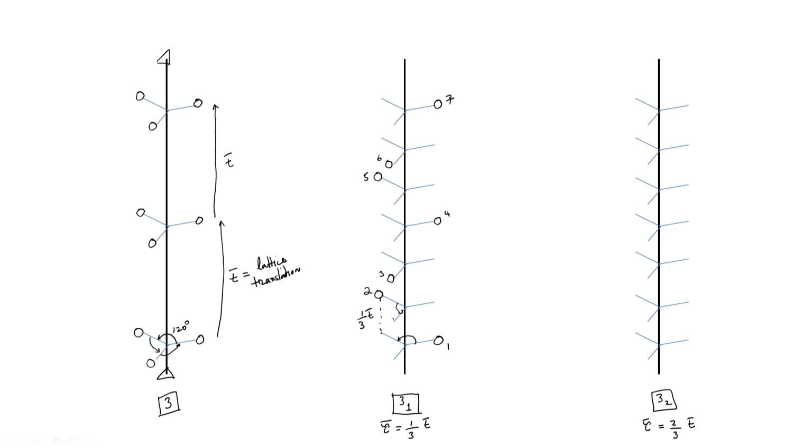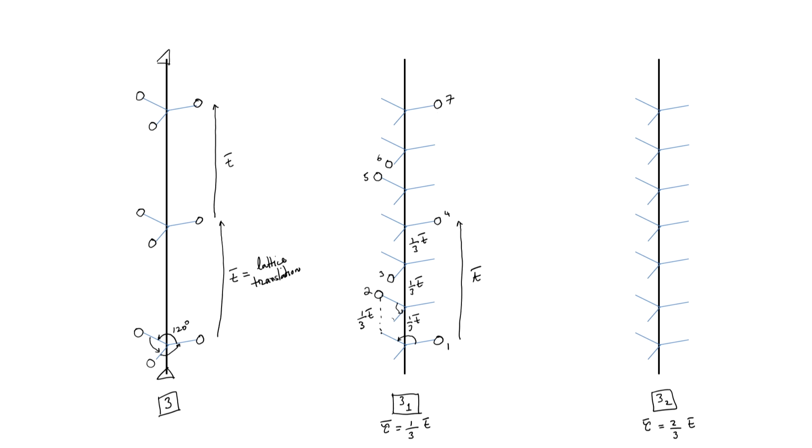So, this is the kind of pattern I would be getting for a three-fold screw axis with a translation vector of 1/3 T. Now, if I look at it carefully, this is 1/3 T, this is also 1/3 T, this is also 1/3 T. So, the total translation from 1 to 4 becomes the lattice translation T. So, in fact, one can see many of them.